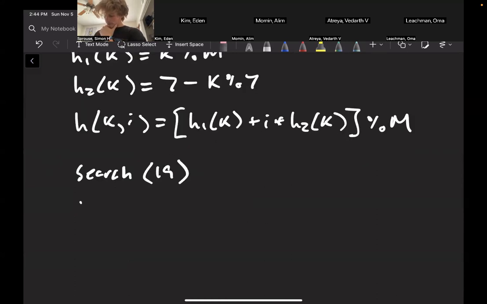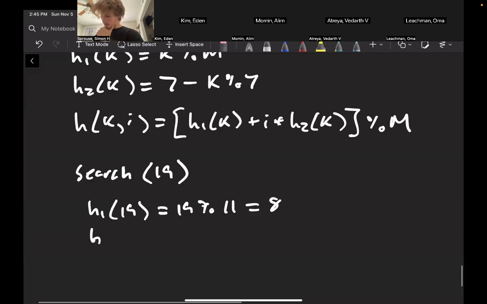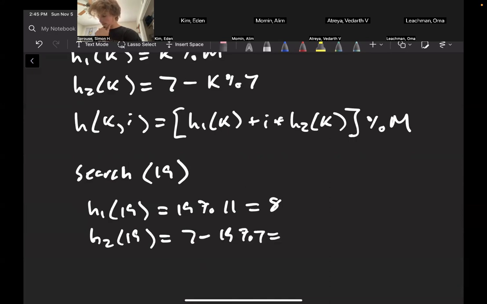So we're going to search by essentially just walking backwards. Before we do this, let's actually compute our hash function. So h1 of 19 is 19 mod 11, and that's 8. And then h2 of 19 is going to be 7 minus 19 mod 7, which is 2.